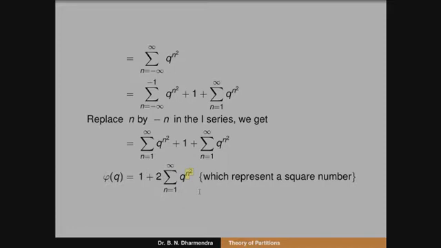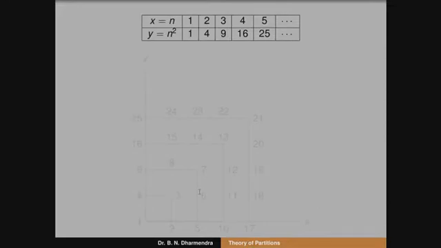So now when we take it graphically, that is a square number representation of n square. Suppose we put x is equal to n and y is equal to n square. You can observe the table here, that is n is equal to 1, 2, 3, 4, 5.